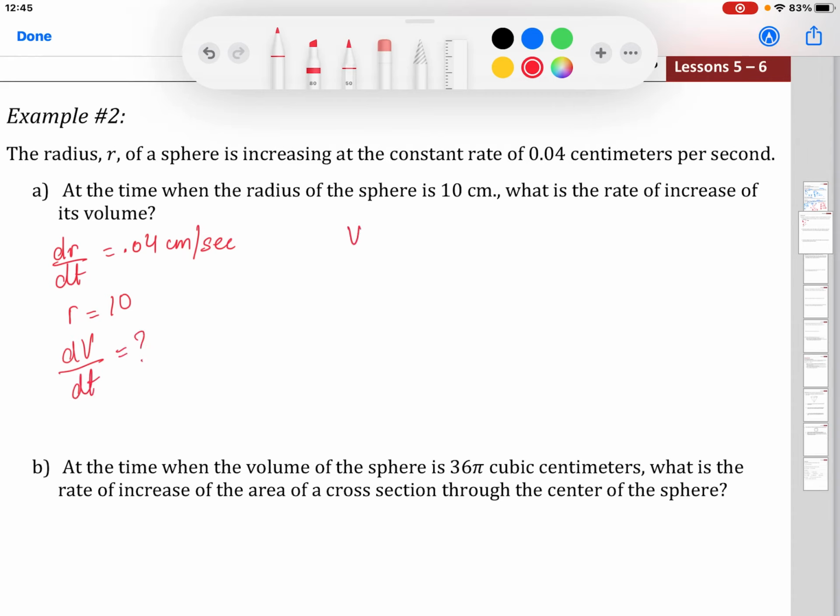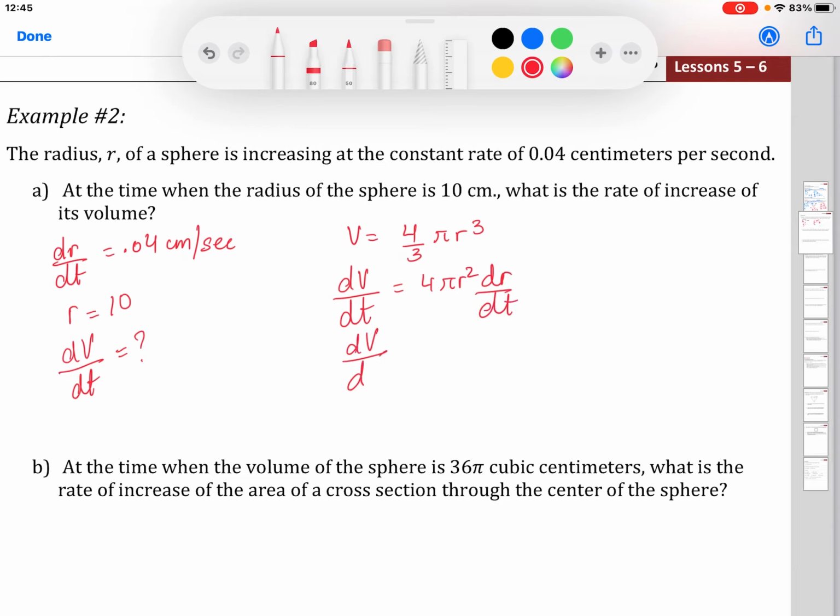So we're going to use the volume formula. You have to remember these formulas, guys. Sometimes they're given to you, but sometimes they're not, so we can't count on them. So let's start memorizing them. So it's 4/3 pi r cubed. Take your derivative. This would be 4 pi r square dr dt, right?